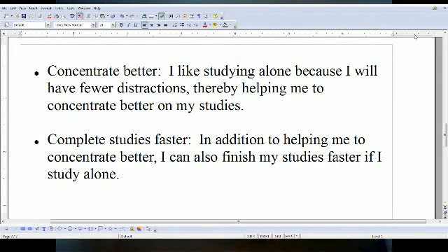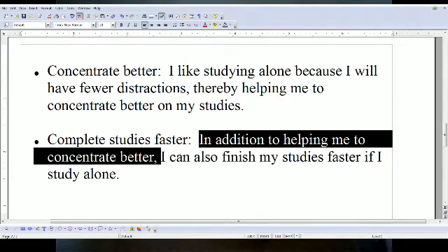So notice here, I'm kind of using this in place of what's called transitional words. Remember that there's different ways of connecting things together, and using transition words is not the only way to do it. You should have a variety of things that you do in your speaking and writing in order to show how your ideas are connected.